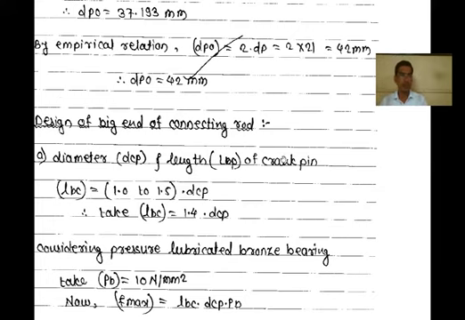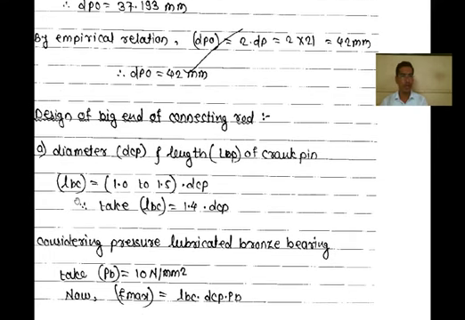Now we will see the design of the big end of the connecting rod. So the diameter will be DCP and the length will be LBC of the crank pin. So LBC is equal to 1 to 1.5 DCP. So LBC is equal to 1.4 times DCP.